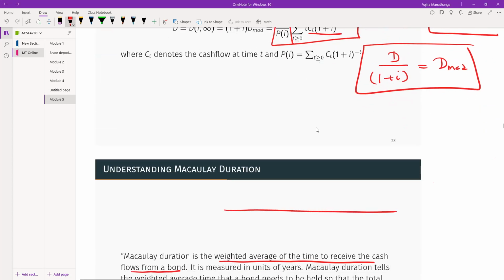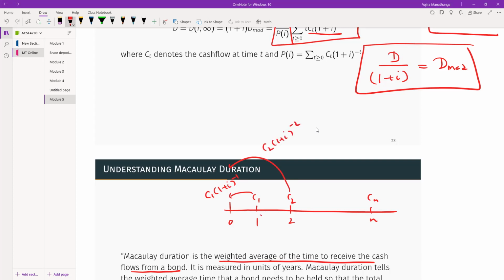Basically, you have this time 0, 1, 2, all the way up to, let's say, n. Here you get C1, C2, Cn. Then when you discount, it's going to be C1 times (1 plus r) to the negative 1, and C2 times (1 plus r) to the negative 2.